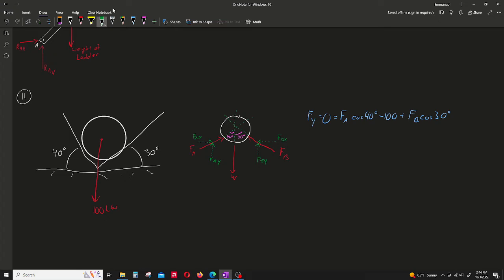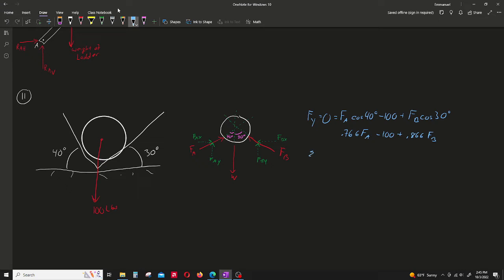Alrighty. So now we can rearrange this equation a little bit. Not much really, but we can turn these into better numbers so we can see them. So we have 0.766 FA minus 100 plus 0.866 FB.